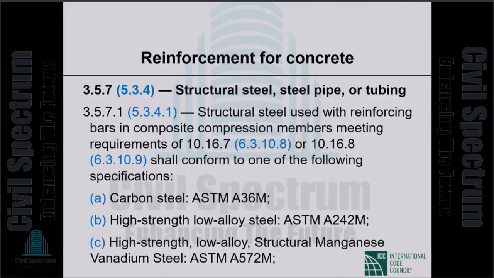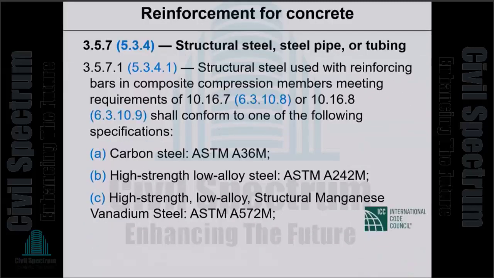Okay, then beyond reinforcing steel and pre-stressing steel, there are times when we use structural steel in concrete, steel pipes or tubing. And there are specifications given. I don't think I need to or want to take time over those. Those are not common applications, but there are times when you do use structural steel pipe and tubing in concrete.